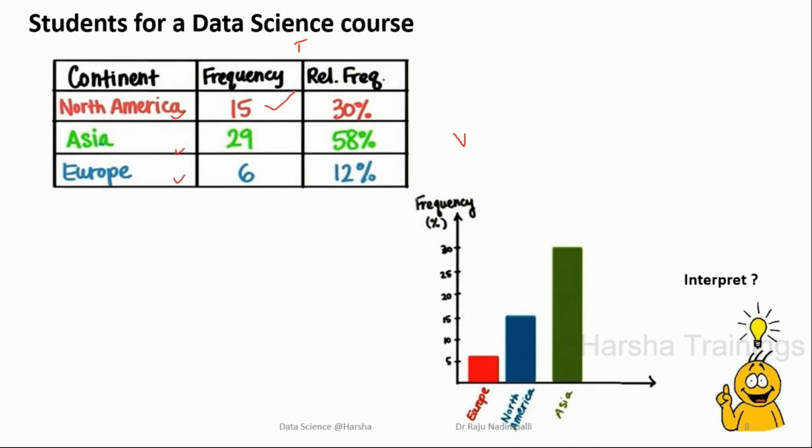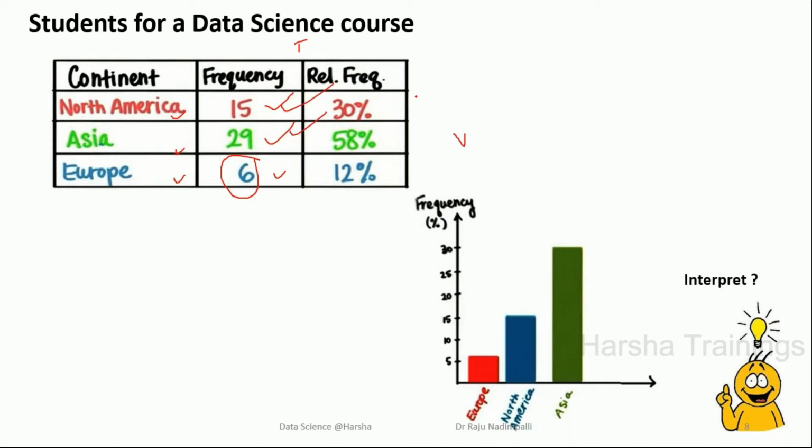Totally 15 students are from North America, 29 from Asia, and 6 from Europe. From this, what can we observe? Instead of concentrating on Europe, it is better to concentrate on North America and Asia.